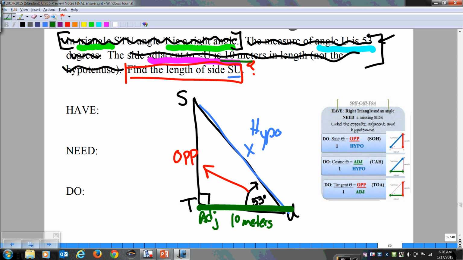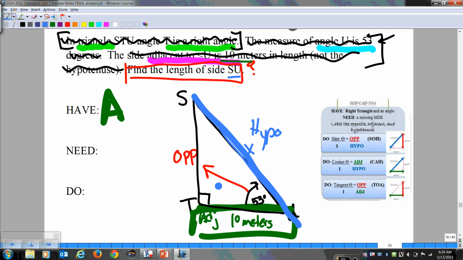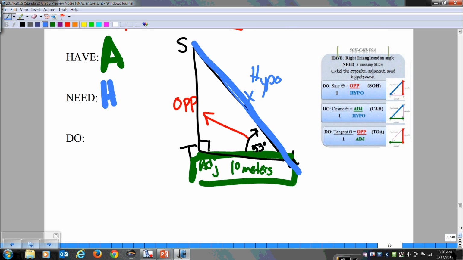We have the adjacent side. We need the hypo. That's an AH combo, so that's ka, which is cosine. You write exactly that down.